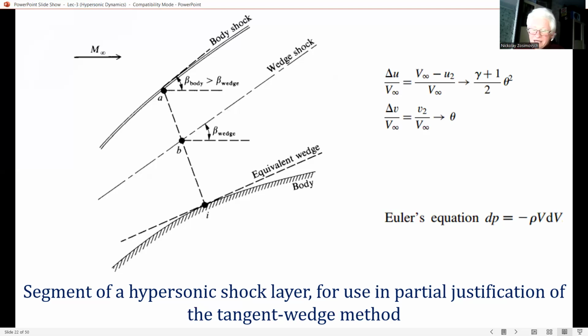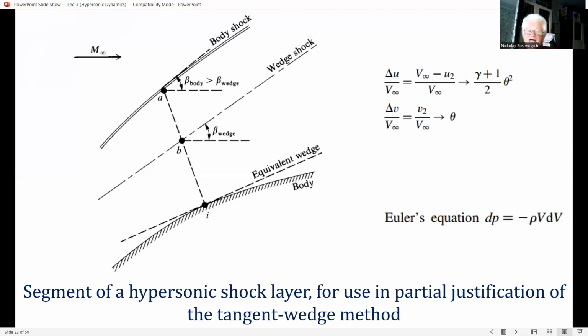And hence, examining this figure, the surface pressure on the body at point I is dominated by the pressure behind the shock at point A because of the centrifugal force effect. And the pressure at point I will be less than the pressure at point A.